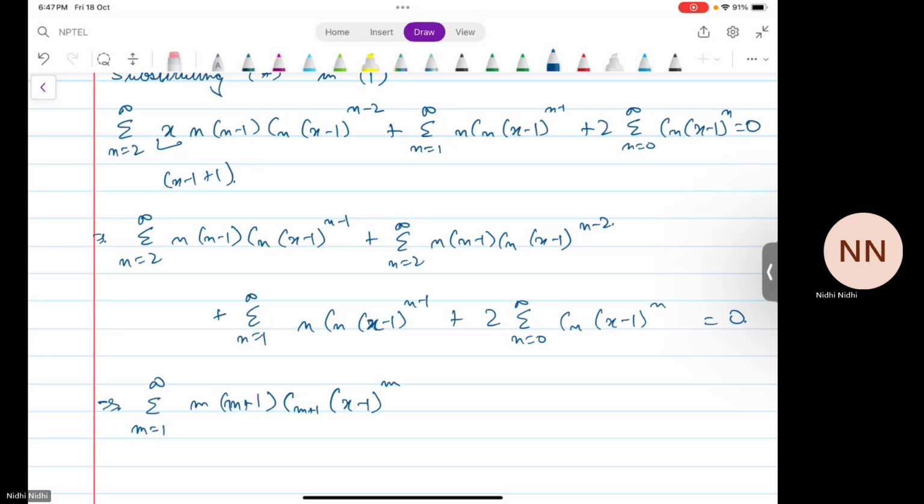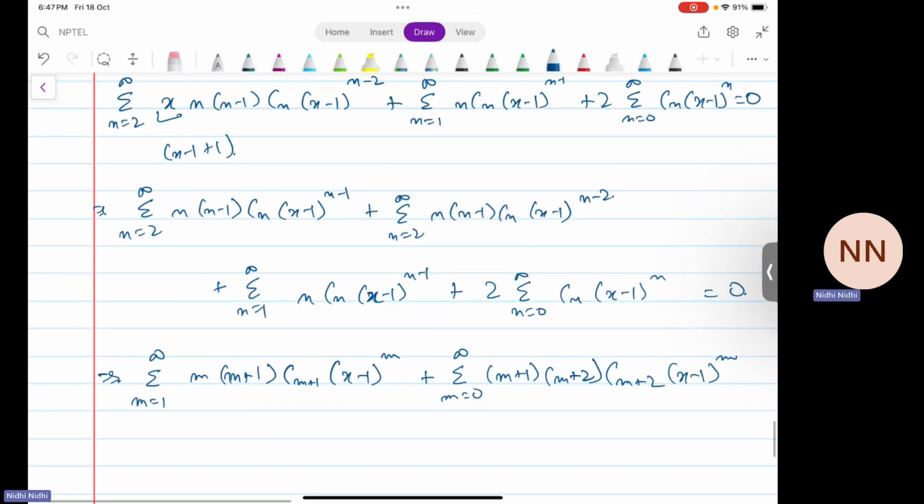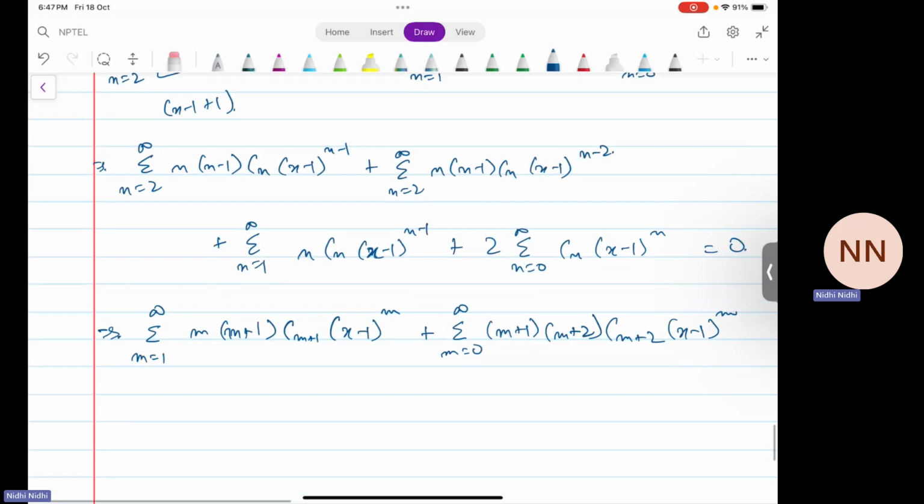Then we have plus summation m from 0 to infinity m plus 1 times m plus 2 times c m plus 2 times (x minus 1) to the power m. Here we have taken m equals to n minus 2.